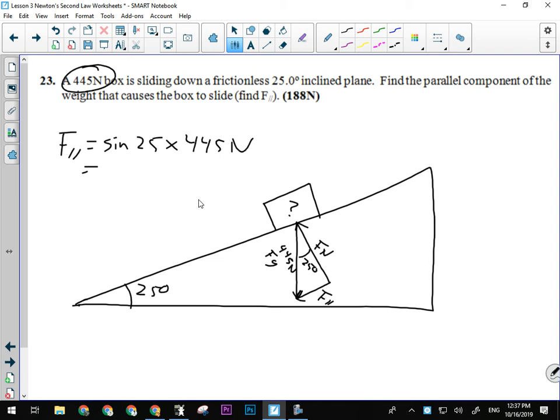If the question was worded a little differently, maybe it said there's 20 newtons of friction and an applied force up the ramp of 200 newtons, then I would have other forces involved. And then I would change this diagram a little bit. I would put F parallel in here as part of the free body diagram, say 188 newtons.